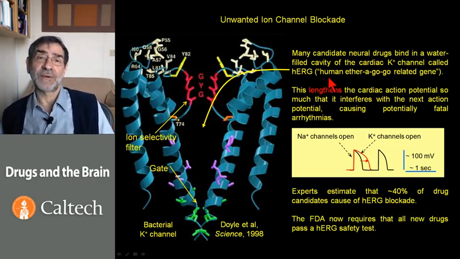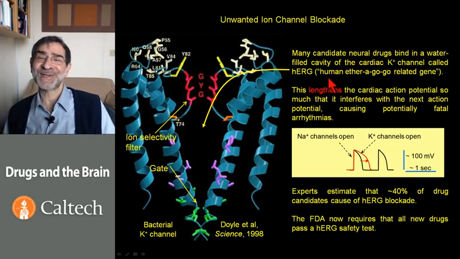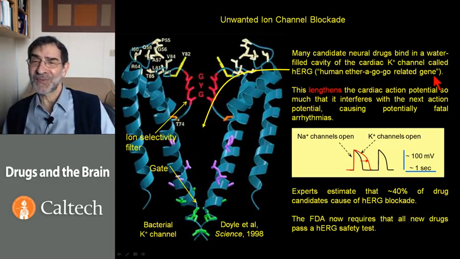It's called, for very interesting historical reasons, the human ether-a-go-go related gene, hERG, and it has the function of turning on rather slowly and terminating the cardiac action potential.